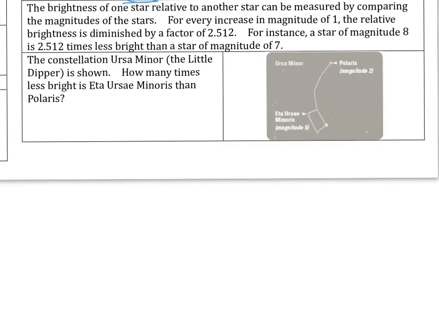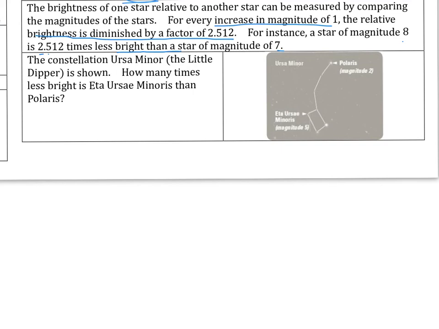The brightness of one star relative to another star can be measured by comparing the magnitudes of the stars. For every increase in magnitude of one, the relative brightness is diminished by a factor of 2.512. For instance, a star of magnitude 8 is 2.512 times less bright than a star of magnitude 7.